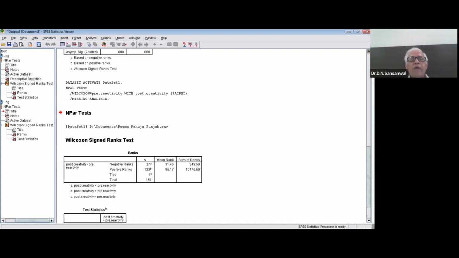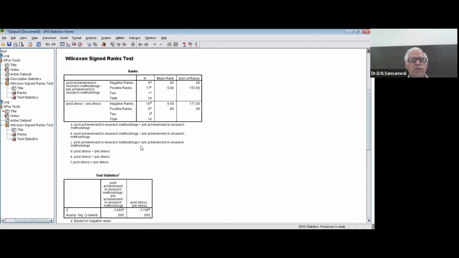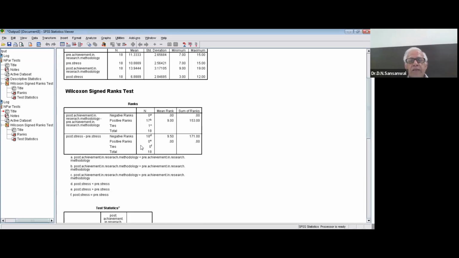Now, if you see here, this is the stress. In the stress, you always have the negative ranks only, because here you could not get any positive from this score. There you have positive and negative, and here more is the negative.